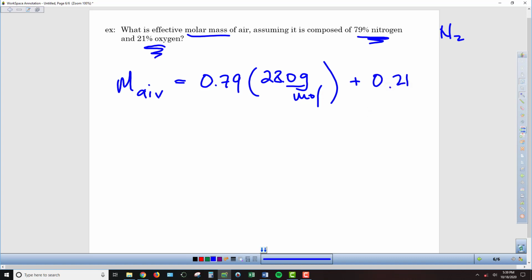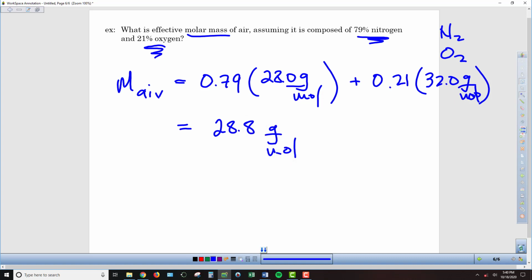So oxygen, again, from our previous slide, 16 grams per 1 atom. Since oxygen exists as O2, we're going to multiply this times 32 grams per mole. And so what we end up with then through this calculation is an estimate of 28.8 grams per mole as the effective molar mass of air.